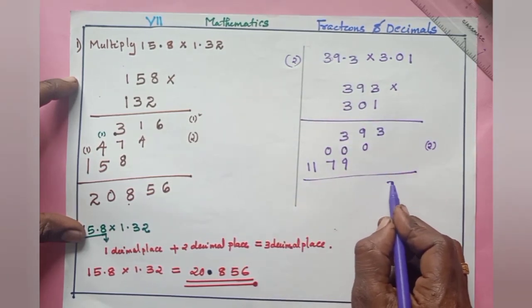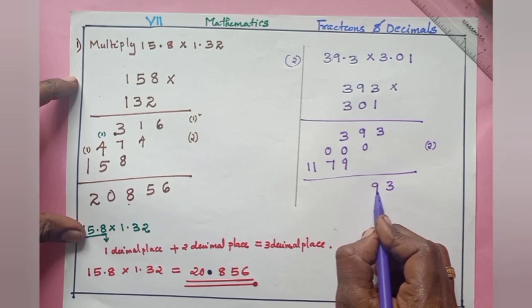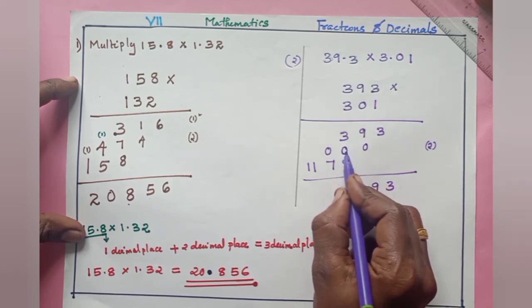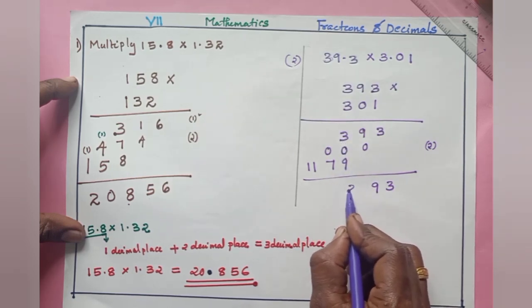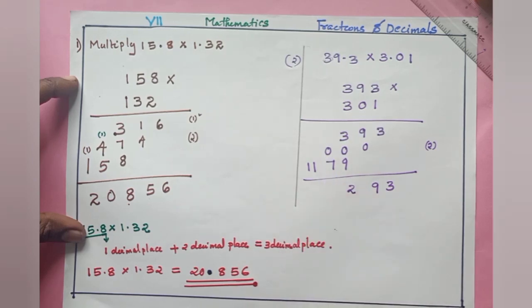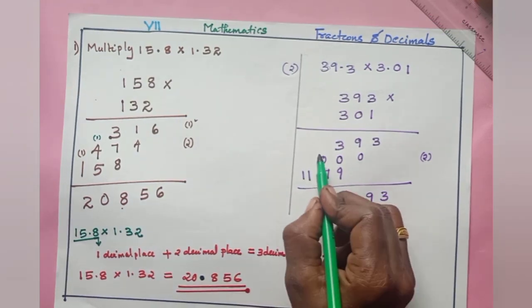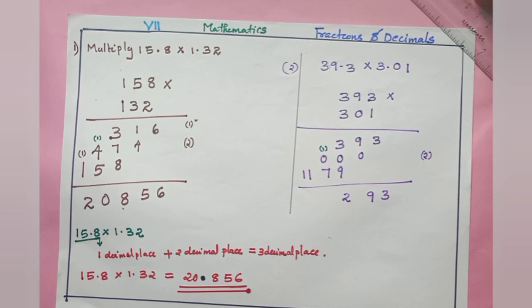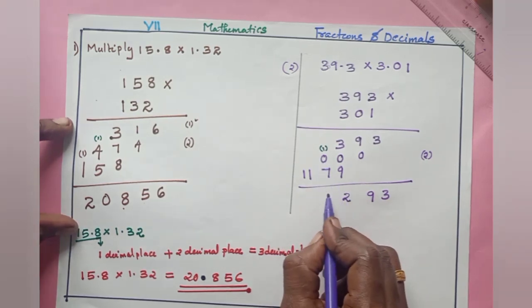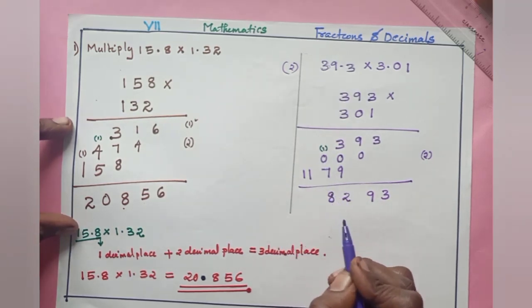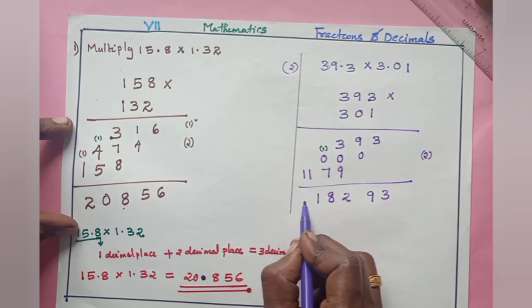So adding: 3, 9, 3 plus 0, 0 plus 9, 12, 1 balance, then 1 plus 0, 0, 0 plus 9, 8... then this 1, 1.